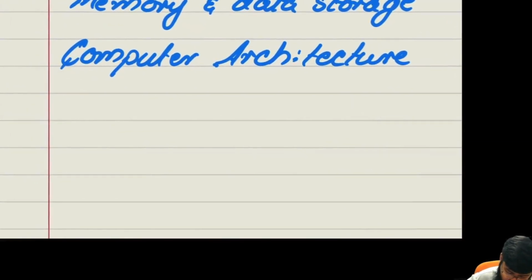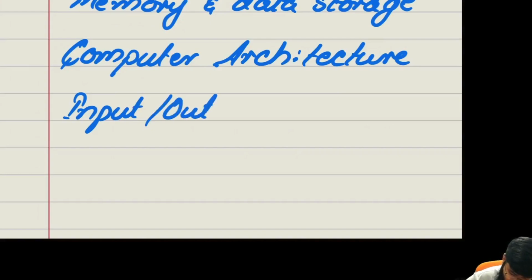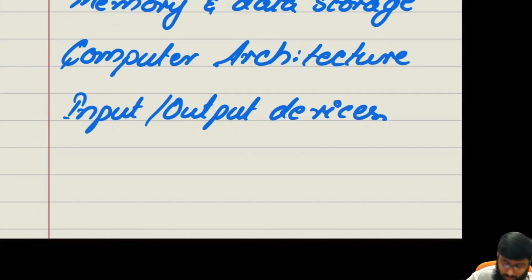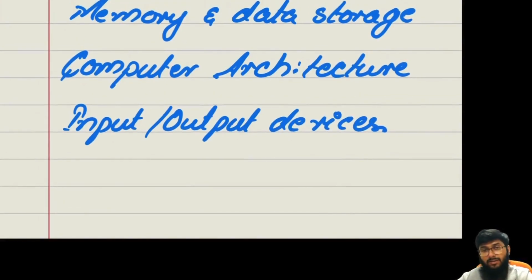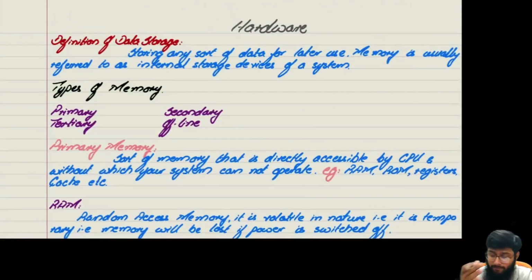And the last part is input and output devices. So these are the three phases in this topic that we need to cover. Now we will start with the first section, which is memory and data storage.